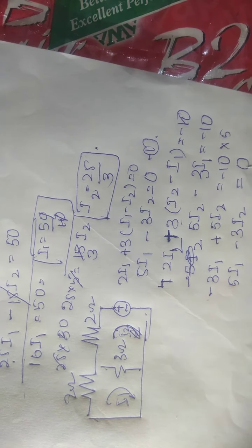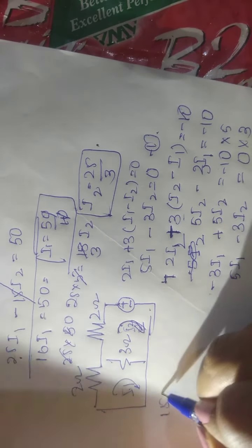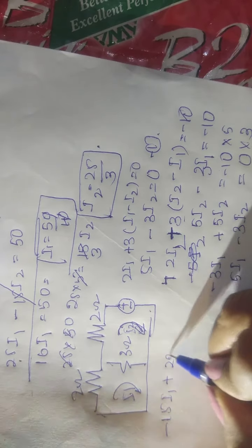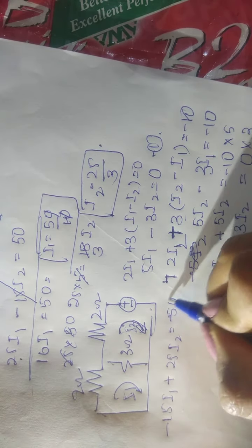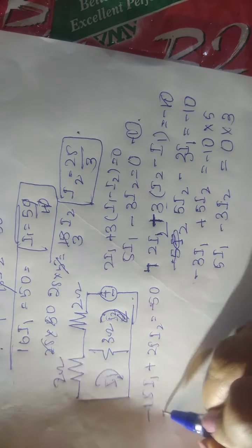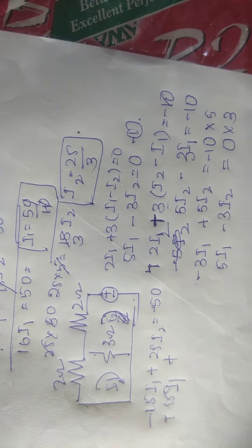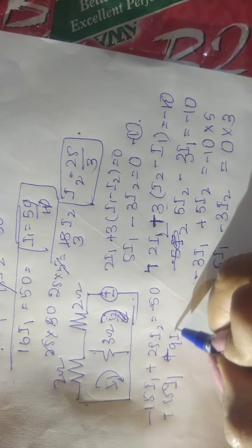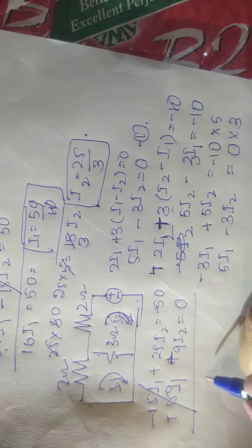Multiply by 5, multiply by 3: 15I1 plus 25I2 equals minus 50 volt. Right? Plus 15I1 minus 9I2 equals 0. Get canceled.